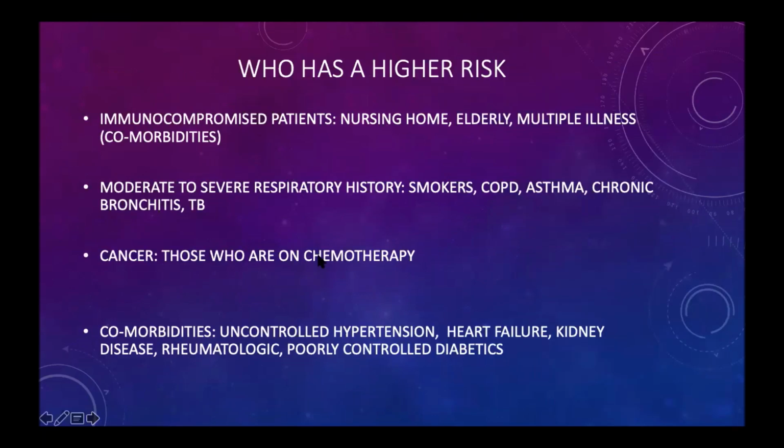Then we go to who is the highest risk. Now, this is more what we see in the United States. It may be different for Myanmar, but I can tell you anybody who is older, and older would be my age category, unfortunately, at 66, 70, 80s, much higher risk.